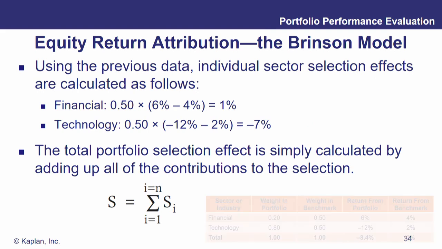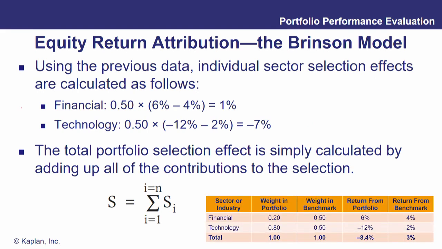Okay, so again, using the previous data, we have information from the Brinson model example on finance and tech. Now the weight in the benchmark was 0.5. 6% was the return from the portfolio, and the return from the benchmark in finance was 4%.